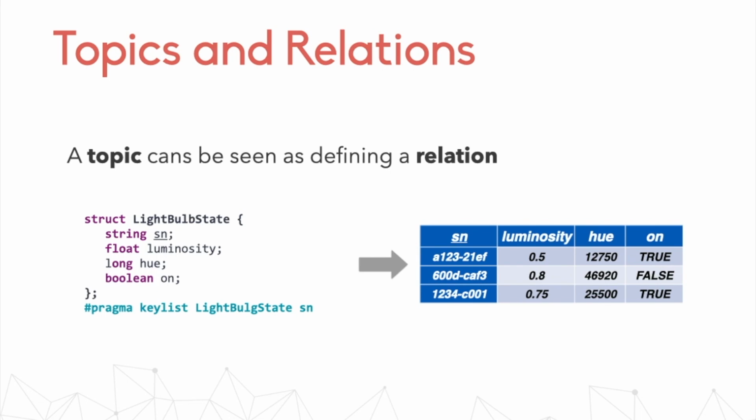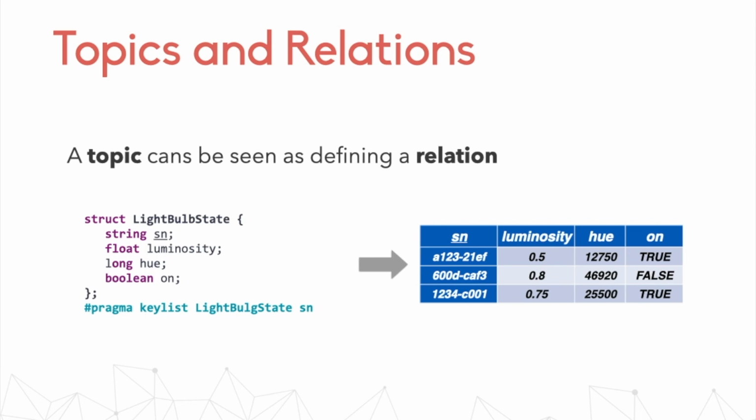Okay, another way of looking at topics is the relational perspective. So in a way, you could think of a topic as defining relations. And again, here I mean relations in the sense of relational algebra. So if we go back to our light bulb state topic type, as the serial number is the key, we can think of this as defining a relationship in which obviously each row of this relationship will identify a DDS instance.